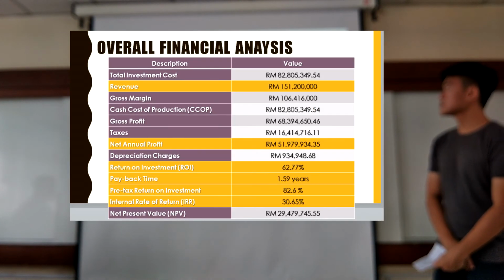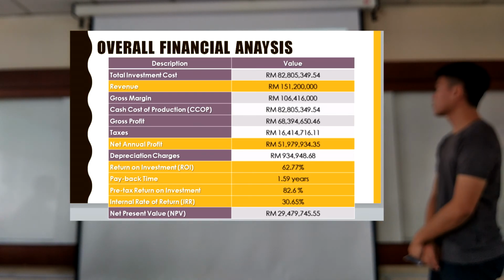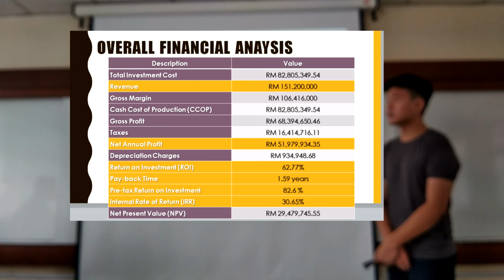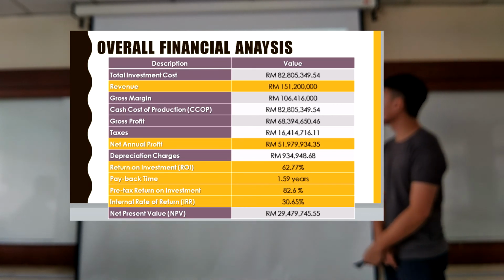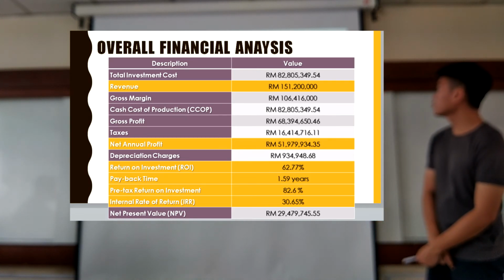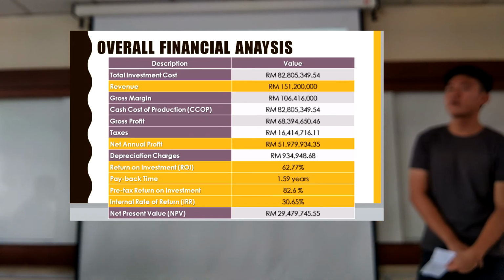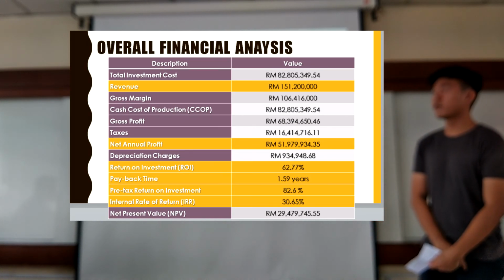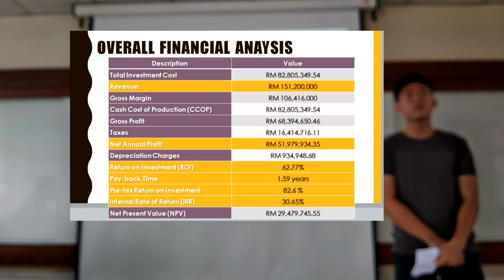Next, this is the overall financial analysis after we calculated all the cost data. I highlighted some important things we need to explain. For example, the revenue will be around 151 million. This revenue comes from our selling, and the product we are going to sell is around 50 ringgit per meal.